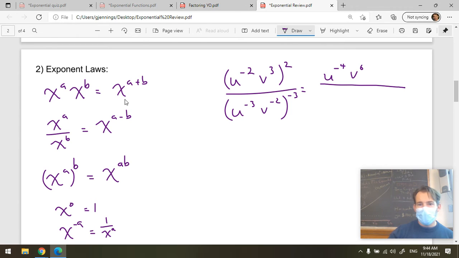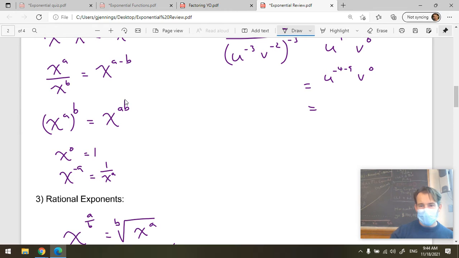Okay, so that would give me u to the 9, v to the 6. Then this is equal to u to the negative 4 minus 9, because I'm dividing powers here, and then v to the 0. So this is equal to 1 over u to the 9.